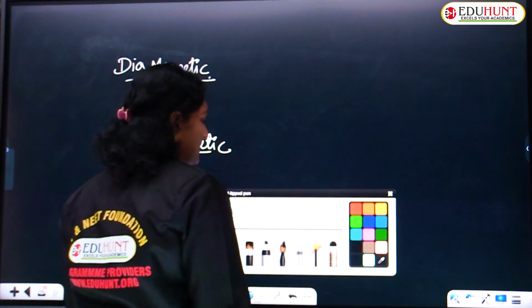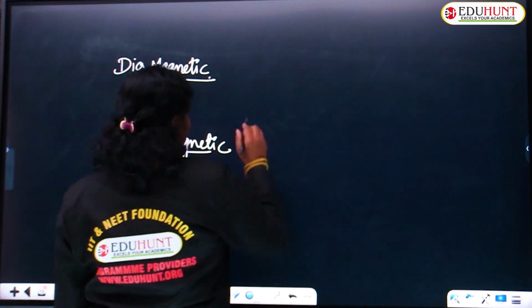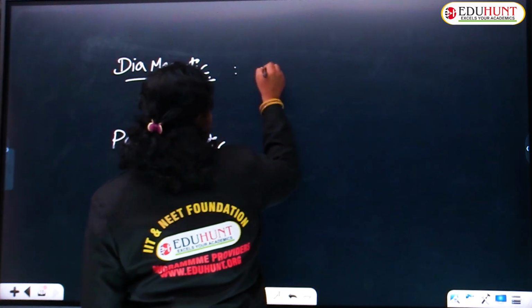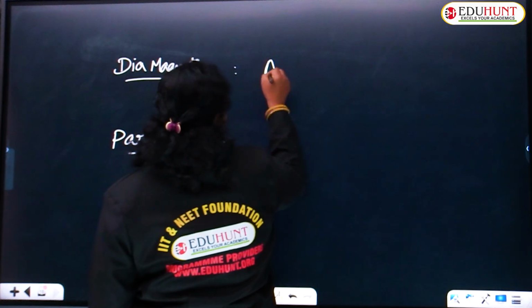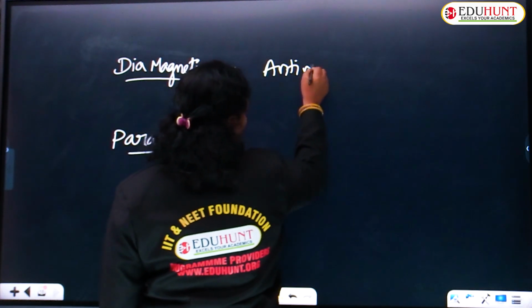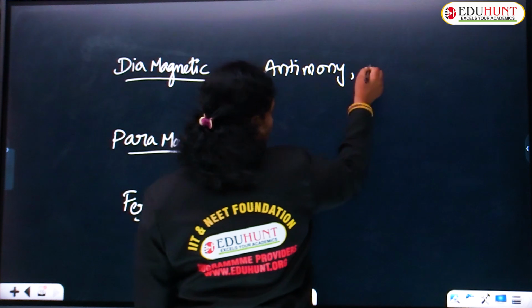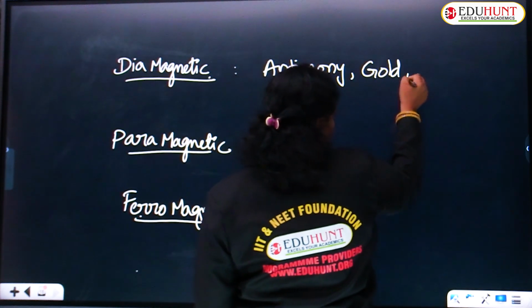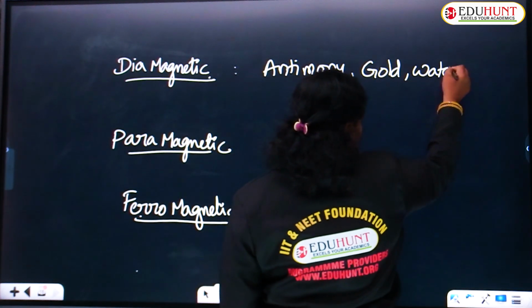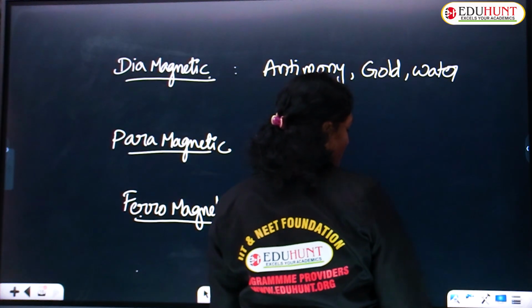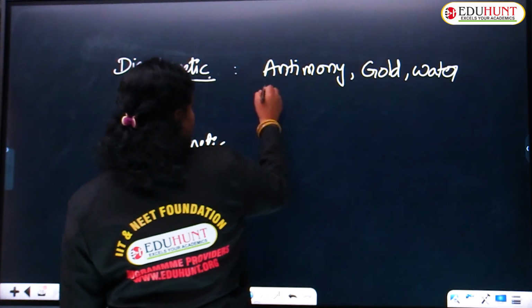So examples for this are antimony, gold, water, bismuth, lead.